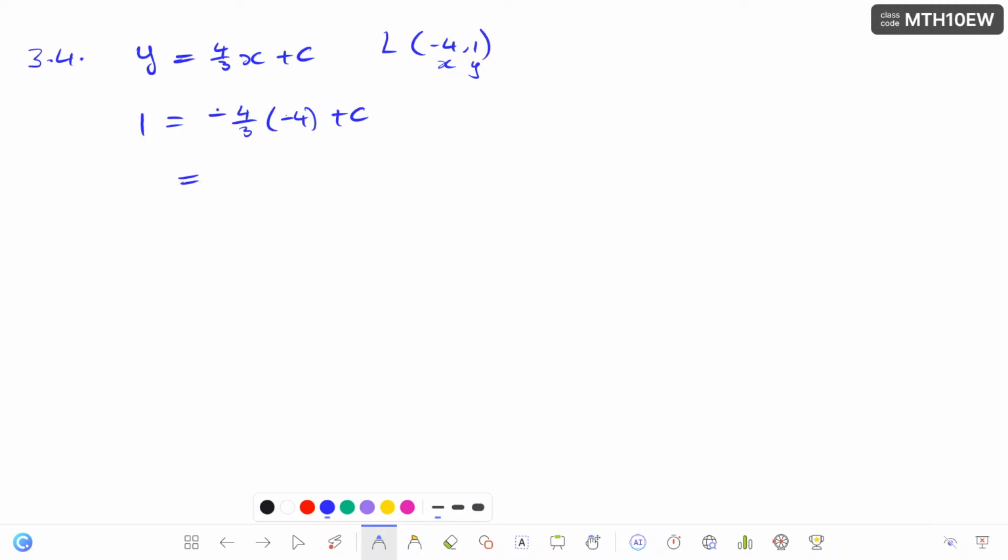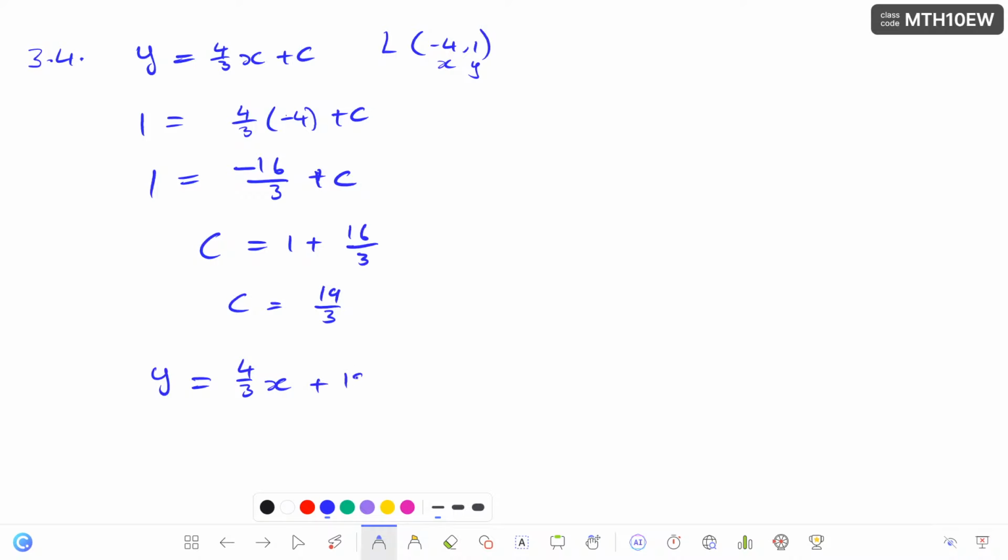Oh, sorry, here is positive. I'm making a mistake. So here is going to be -16/3 plus c. Here is 1. So we are going to take 16/3 to the other side. So c is equal to 1 plus 16/3. So I get my answer as 19/3. So our y is going to be 4/3 x plus 19/3. So this is the equation. So let's go to the next question.